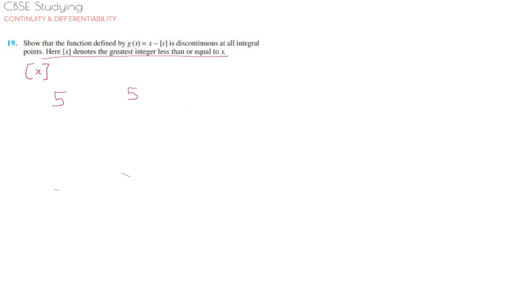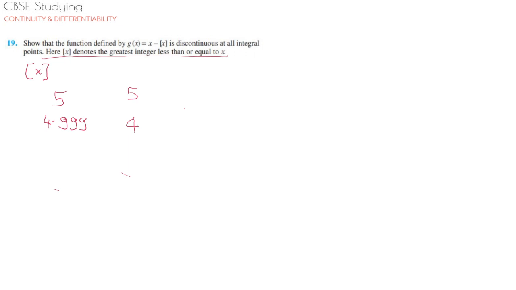Now I want to decrease this value of 5 a little bit. I want to write a value that is a little lesser than 5, but not reaching 4. Let's say that number is 4.999. If I have to write this 4.999 in integer format, how will I write it? I will write it as 4, correct?